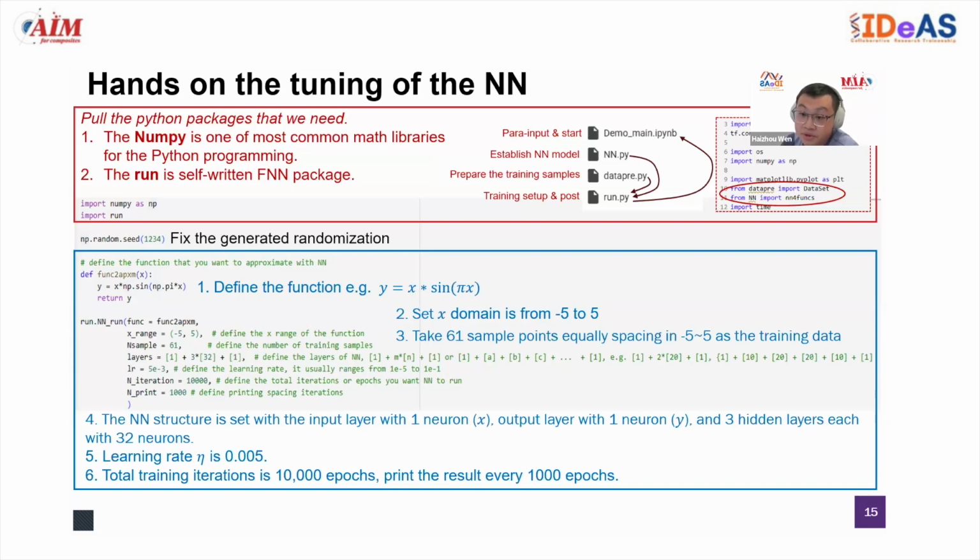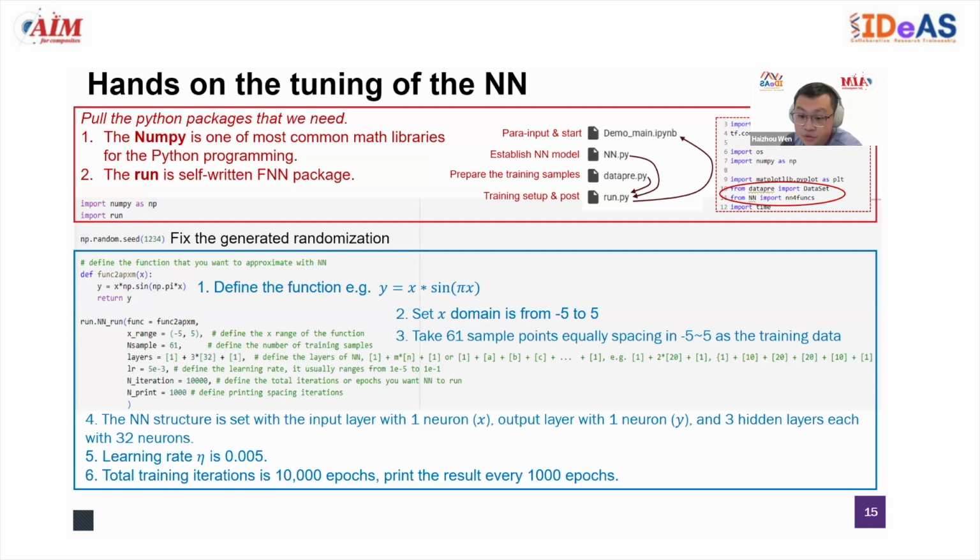The run.py is written by myself, and it packs all the necessary approximation inside, and it pulls nn.py and dataprep.py to use their functionality. nn.py is for creating an NN model with given layers, and dataprep.py is for creating training and testing data sets. And the random function of NumPy fixes the randomization, so it basically ensures the reproducibility of the approximation that we conduct.